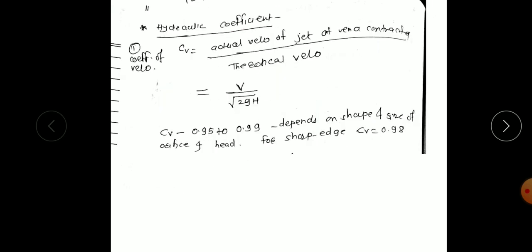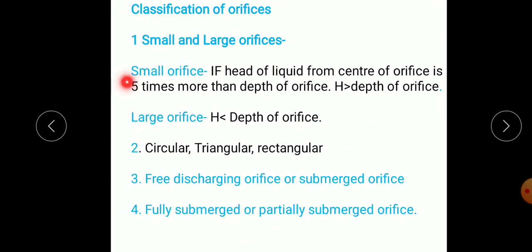So according to the depth available, there are two classifications, small orifice and large orifice, with 5 times the depth of the orifice as the limit. According to cross section, they are classified as circular, triangular and rectangular orifices.